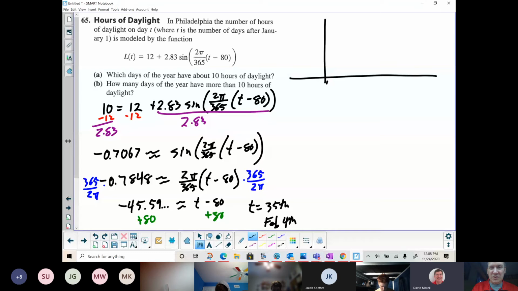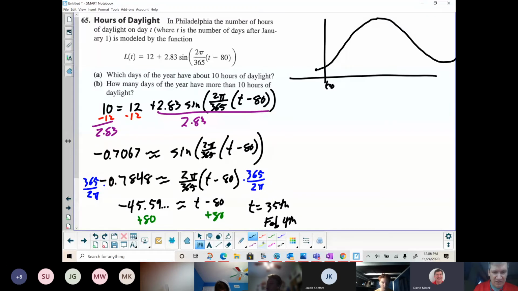Again, if time 0 here is January 1st, well, that smallest number of hours of daylight is the winter solstice here, and it starts increasing, and then we get to the summer solstice where it's the highest, and then it starts decreasing again, and again, 1 full year.